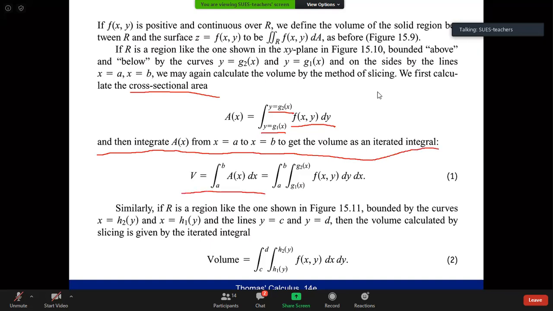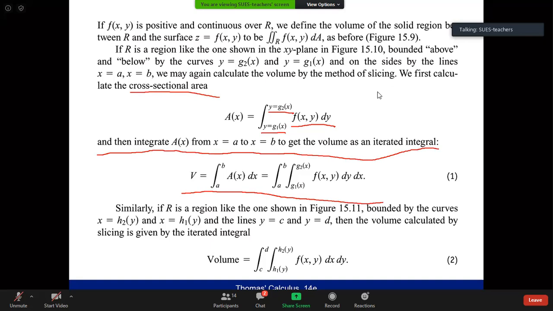So V equals the integral from a to b of the integral from g1(x) to g2(x) of f(x,y) dy dx. Similarly, if R is a region like the one in figure 15.11, bounded by the curves x equals h1(y) and x equals h2(y), and the lines y equals c and y equals d, then the volume calculated by slicing is given by an iterated integral.